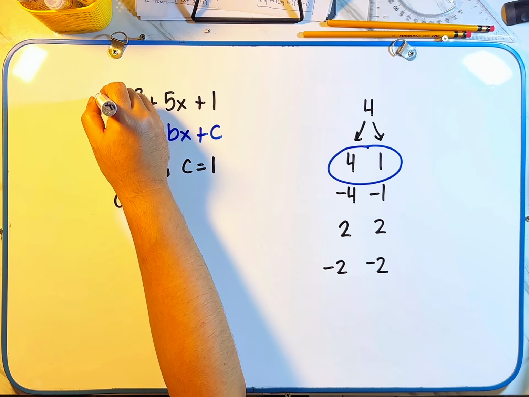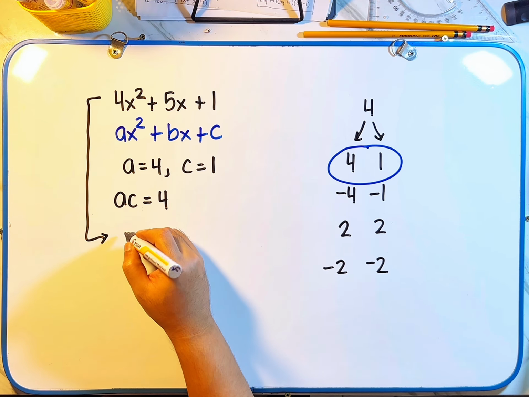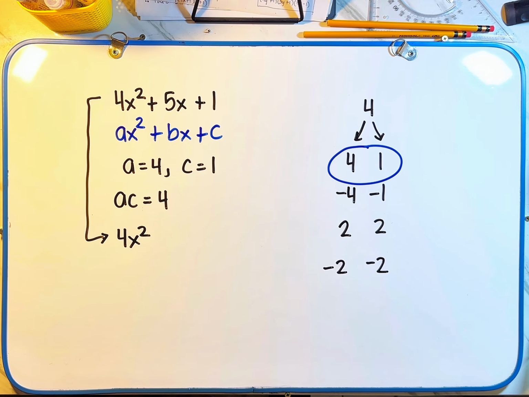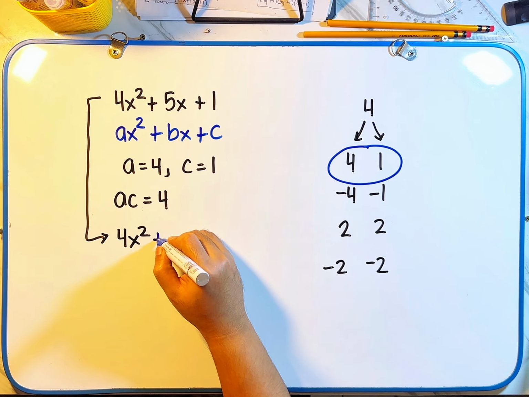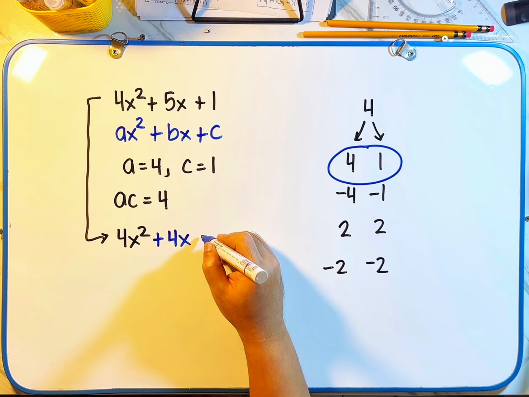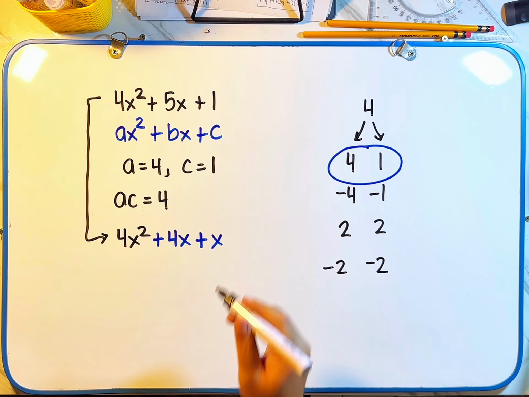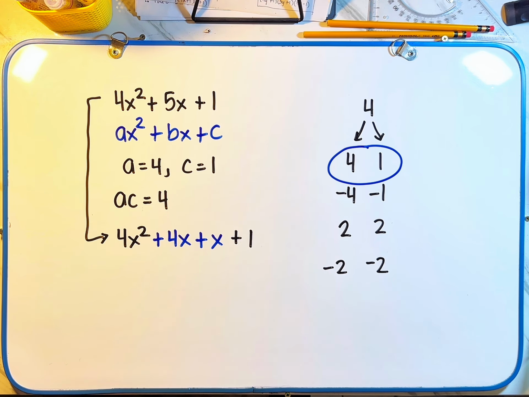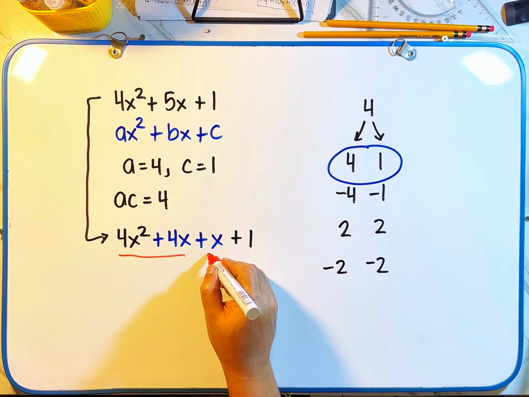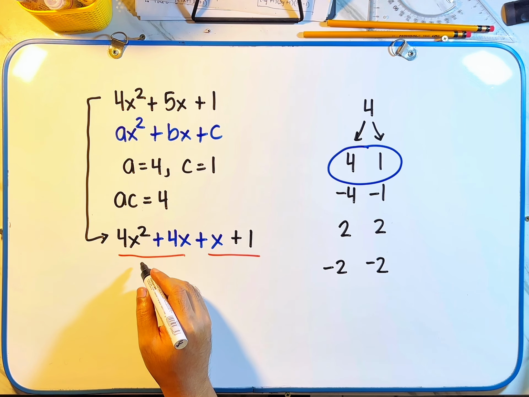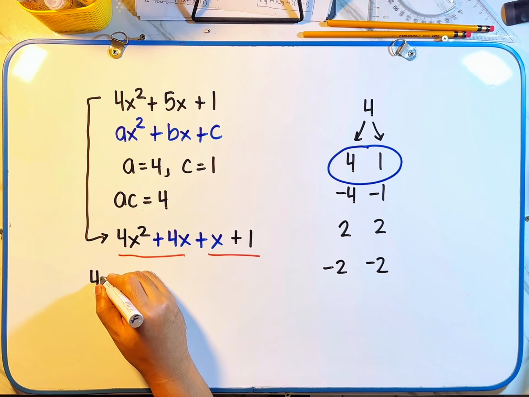Now let us rewrite 4x squared. Now instead of 5x, we will use this. So plus 4x plus 1x, or simply x, and then plus 1. Let's group these terms and also these terms. The GCF of the first group is 4x.